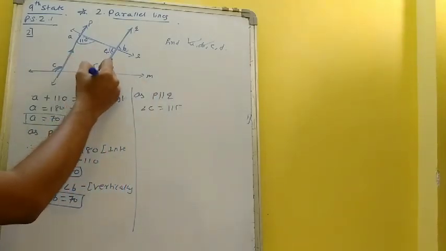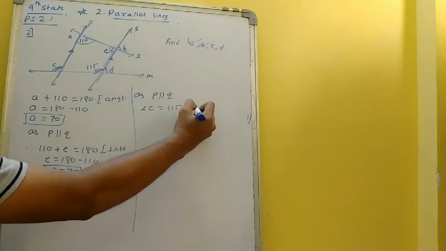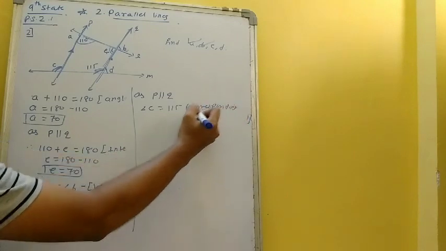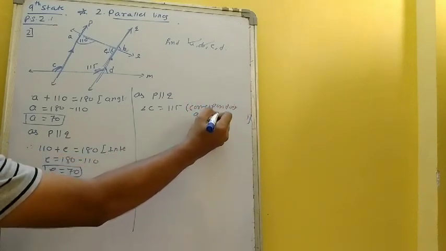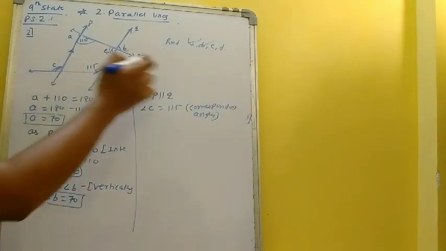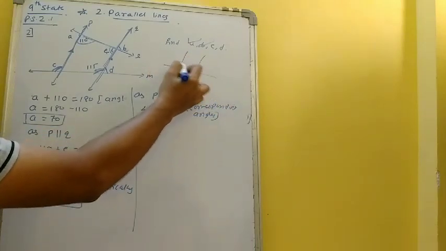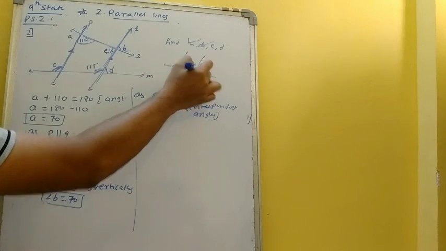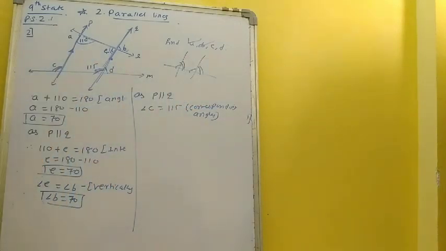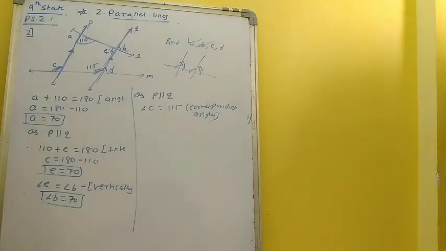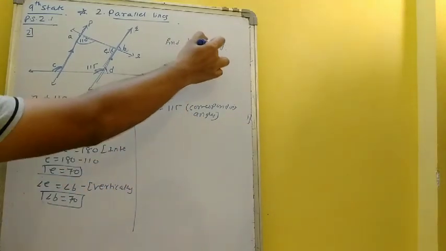Angle C is equal to 115. Reason: corresponding angles. Okay. See, whenever we have two parallel lines and a transversal, above the line angles are equal. Yes, below the lines are also equal. We don't have to find anything right now over here. Therefore, I am writing corresponding angles. So we have angle C as well.